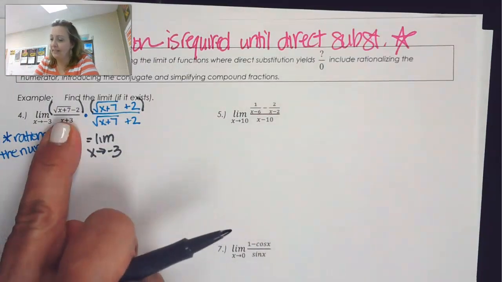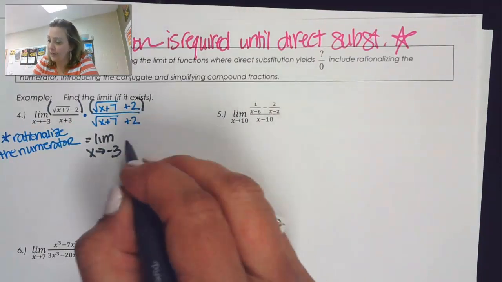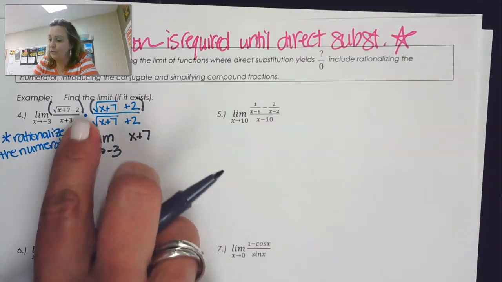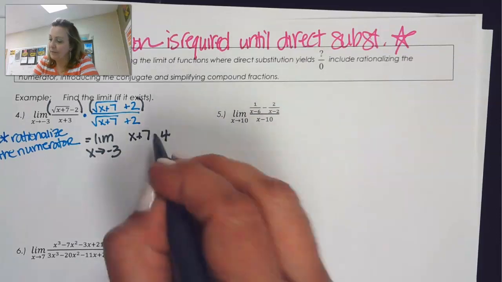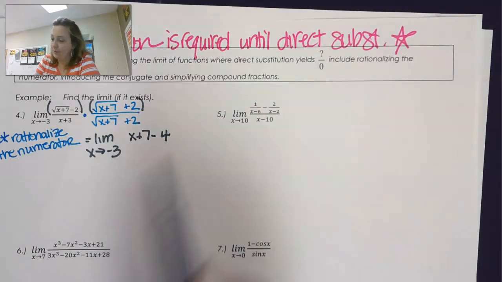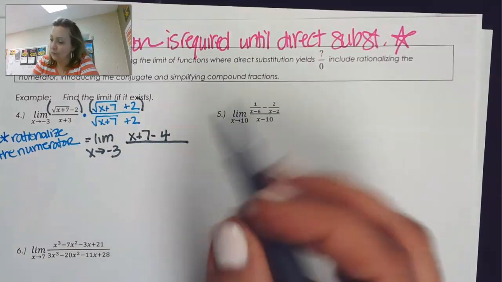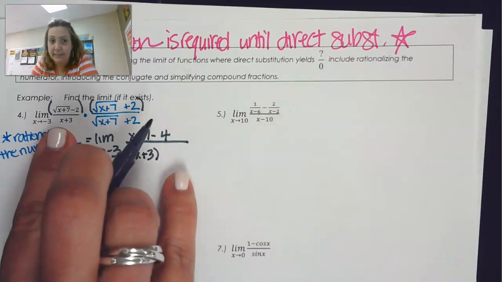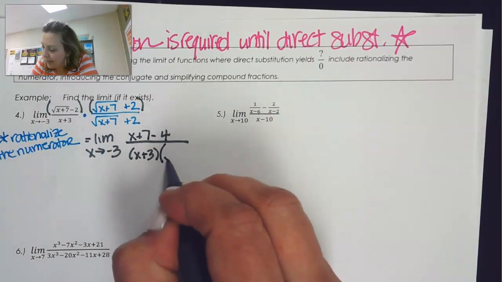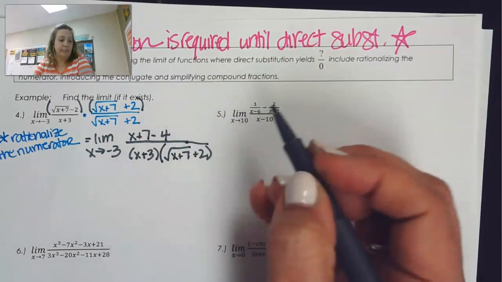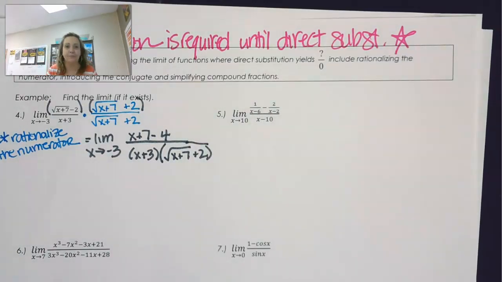So if I take this square root of (x plus 7) squared, that just gives me x plus 7, and then 2 squared gives me 4. So I end up with x plus 7 minus 4 in the numerator. Now the denominator isn't quite as cute. We're going to end up with x plus 3 as this factor, and then we have the square root of (x plus 7) plus 2 that we introduced.